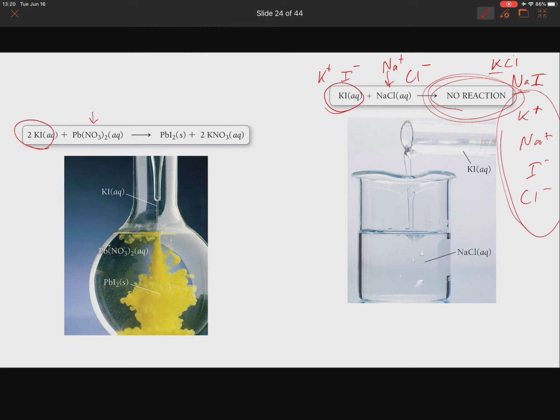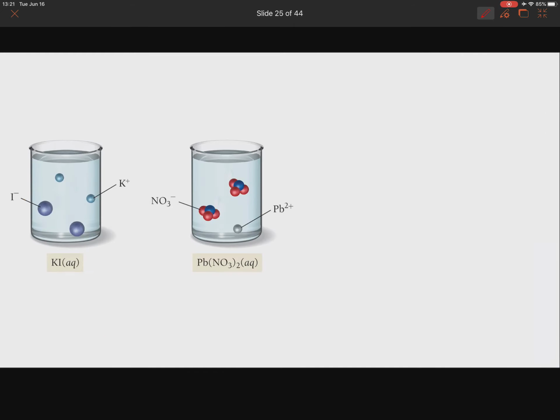What's the difference in this system? It started out with 4 ions floating around, and now at the end there's 4 ions floating around. That's what no reaction means. It means no new compounds formed, no new solubilities or insolubilities formed. Okay. So let's do another example.